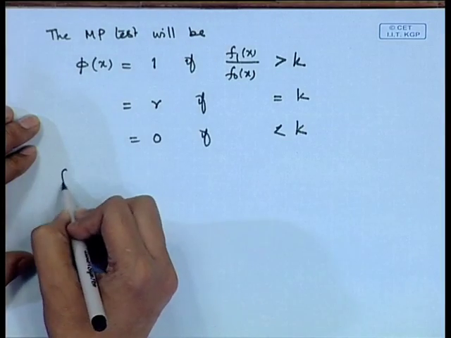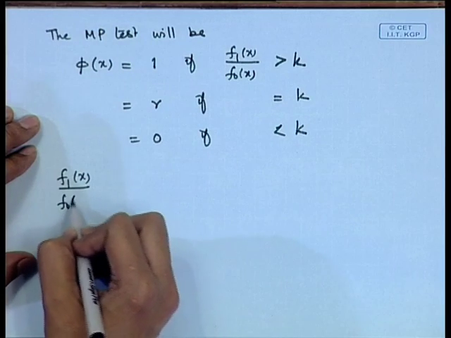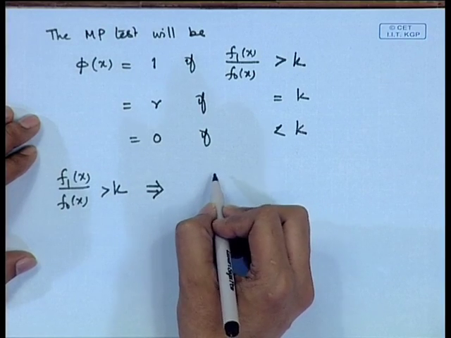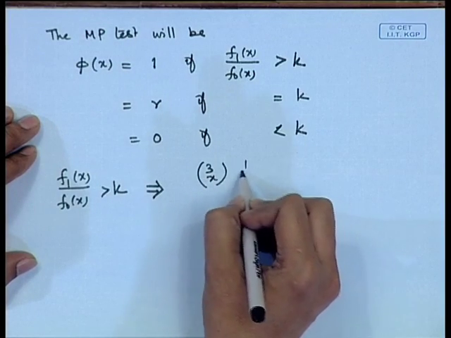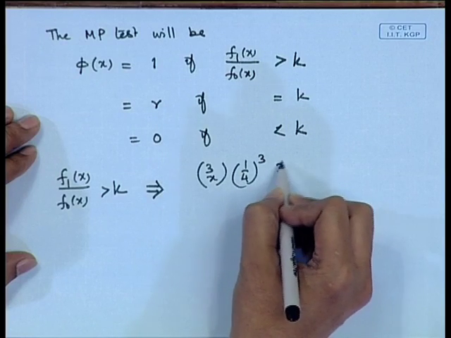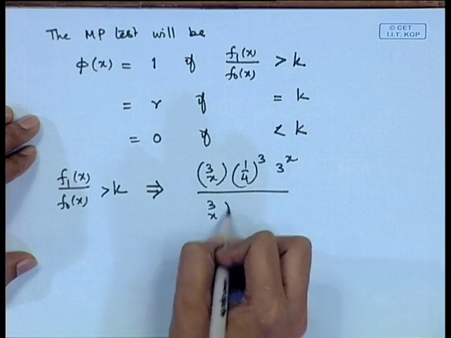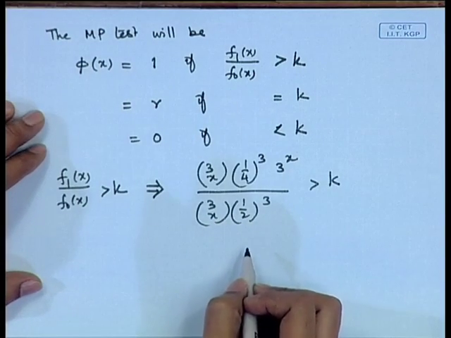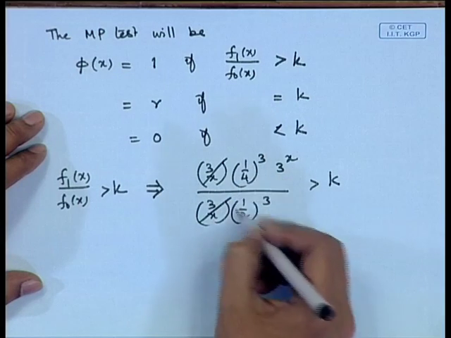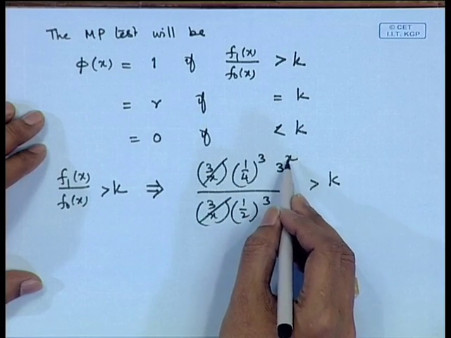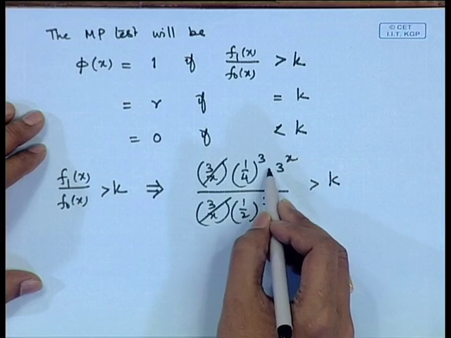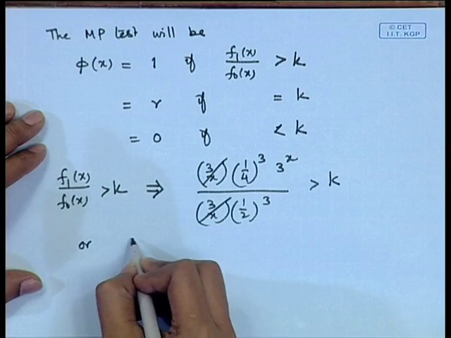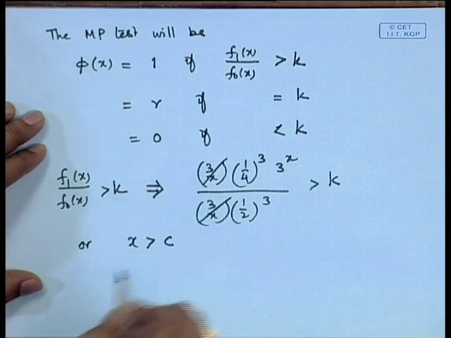So, let us write down this condition that f 1 x by f naught x is greater than k: 3 C x, 1 by 4 cube, 3 to the power x divided by 3 C x, half cube greater than k. So, this term cancels out, this is some constant, and if I take logarithm here, then this will become x log 3 greater than some constant. So, we can say x is greater than some c.